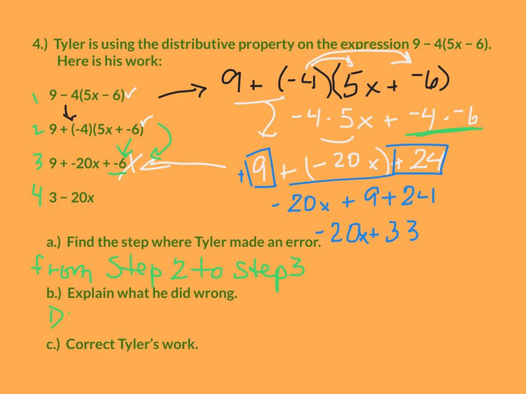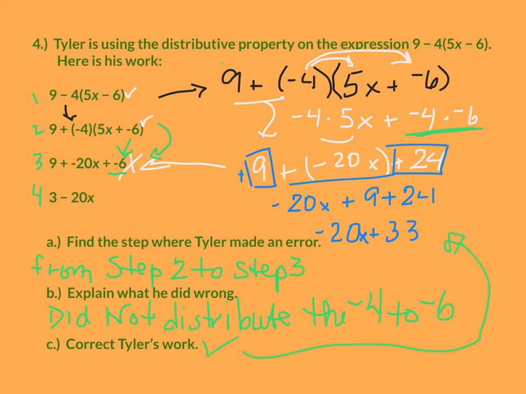Tyler did not distribute the negative 4 to the negative 6. And then correct Tyler's work. Well, I think we already did that right up here. There is the correct version.